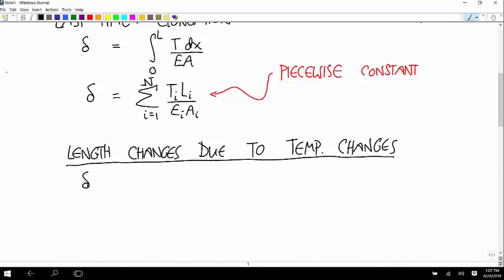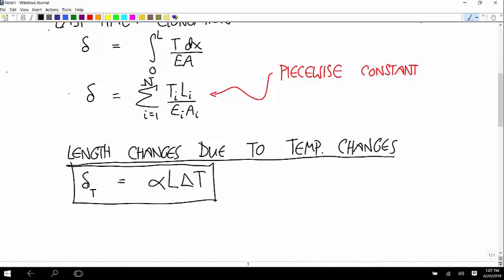The elongation due to thermal expansion or contraction, that's delta_T, is equal to a constant alpha times the length times the change in temperature, where this alpha is the coefficient of thermal expansion. That's just something you look up for a material.